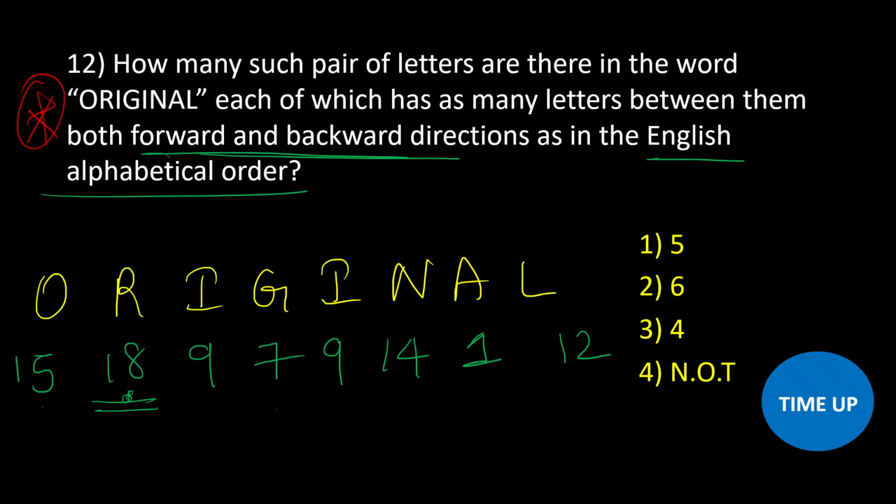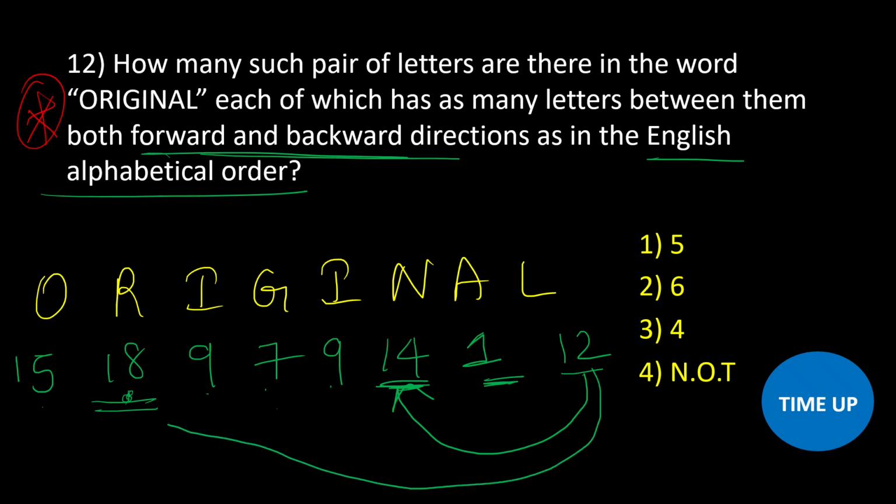In the backward direction 12, 13, 14. Yes, see 12, 13, 14. One pair you're getting. 15, 16, 17, 18. Another pair. Then 1, 2, 3, 4, 5, 6, 7. No. 14, 15, 16, 17, 18.